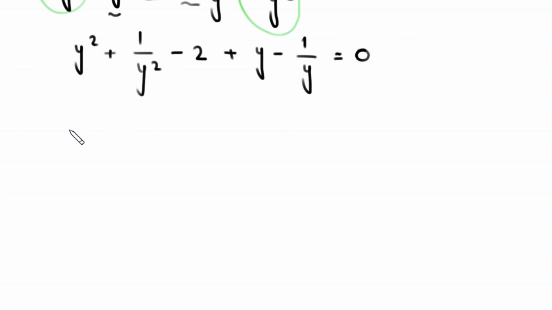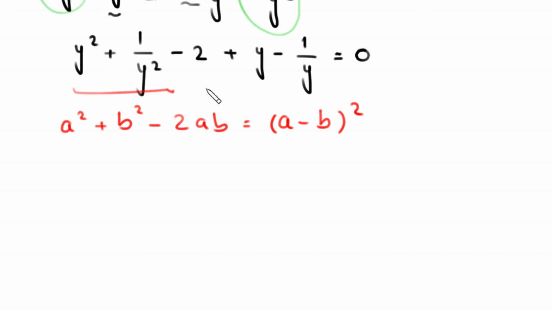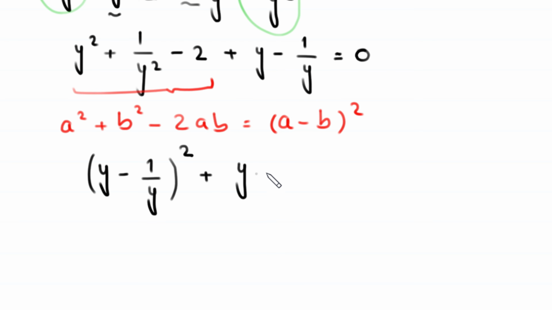Now, by using this algebraic identity, a squared plus b squared minus 2ab equal to (a minus b) squared, this y squared plus 1 over y squared minus 2 will become (y minus 1 over y) squared plus this y minus 1 over y equal to 0.